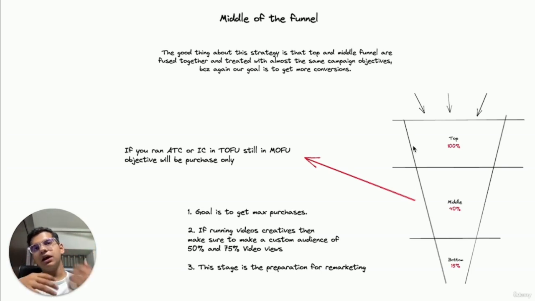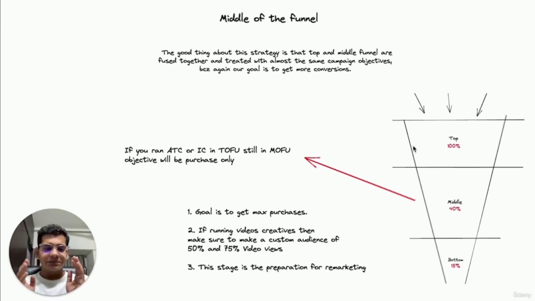Because the goal, as you see, we have only one goal, which is basically to get a profitable business out of Facebook ads. And to get that profitable business, what do you think is the one way? In my opinion, the only way is to sell products. And the objective which I have in mind when I am starting Facebook ads is how can I get the maximum amount of purchases.